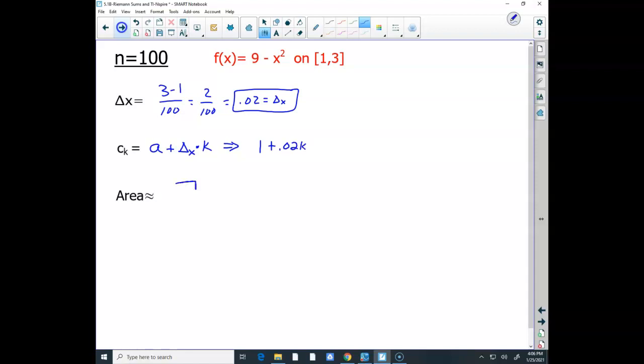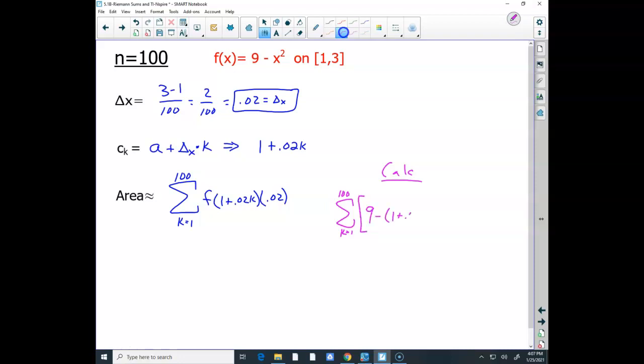So my area, my sigma that I'm actually going to plug in is k equals 1 to 100 of f of 1 plus 0.02k times 0.02. Okay? And just to say, the calc version is going to be the sum from k equals 1 to 100 of 9 minus (1 plus 0.02k) squared times 0.02.